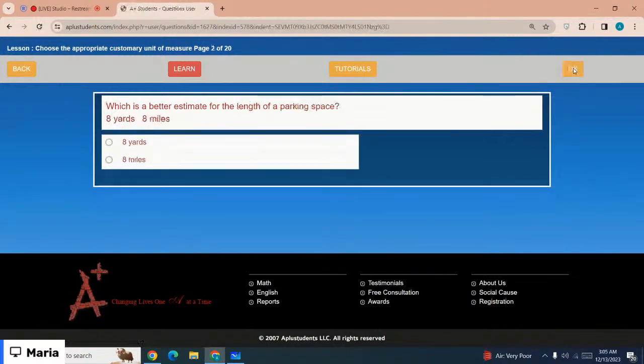Which is a better estimate for the length of a parking space? Which is the correct option? We are given two options, 8 yards and 8 miles.